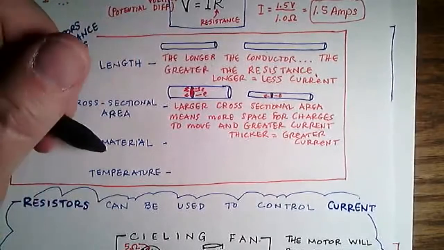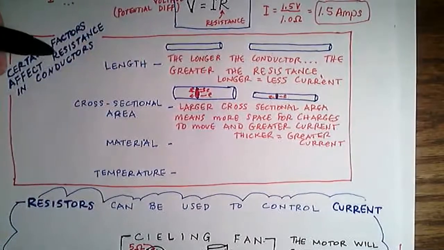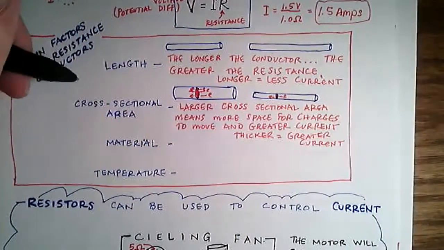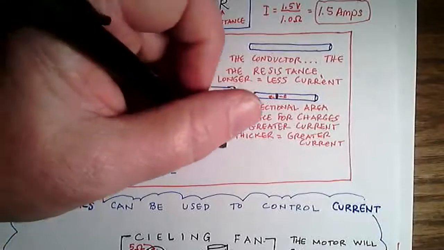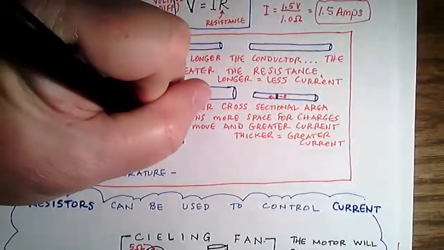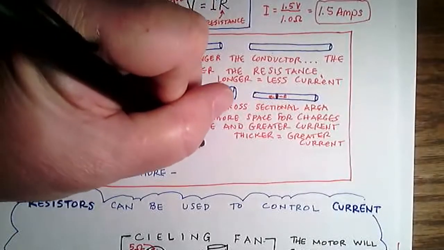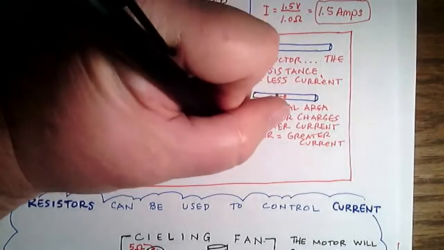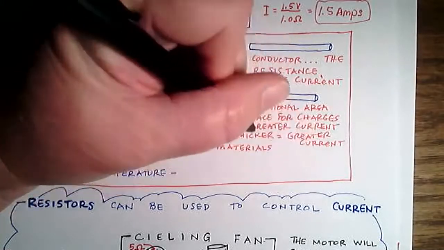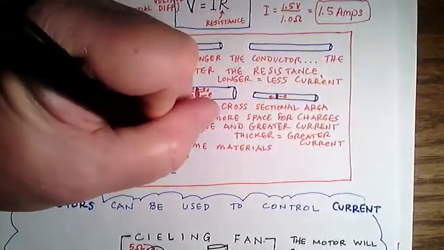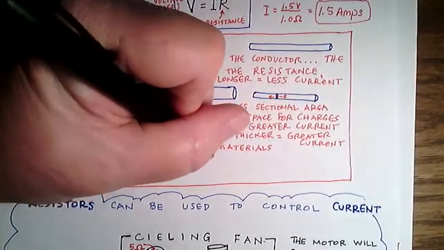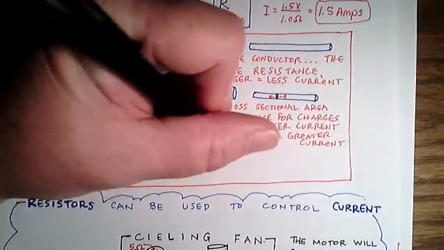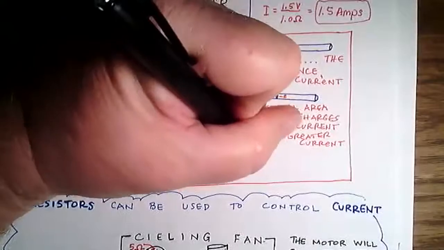The third thing that influences resistance in conductors is what they're made out of. Some materials just provide less resistance.